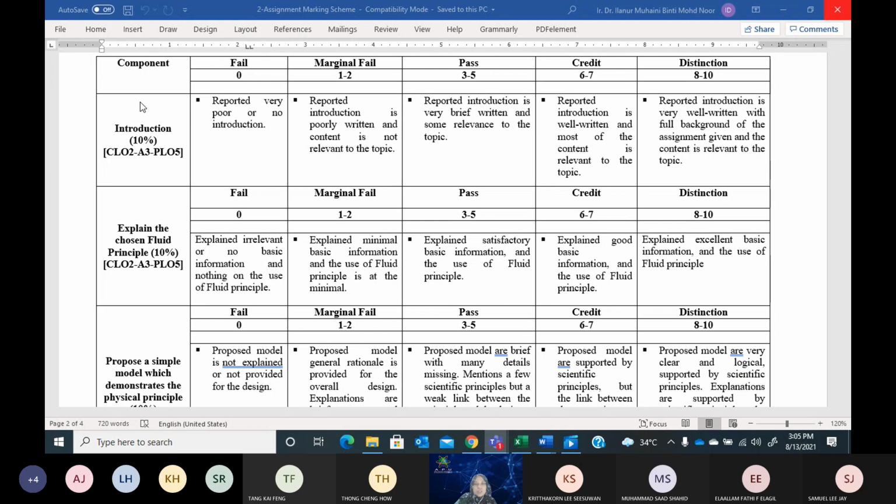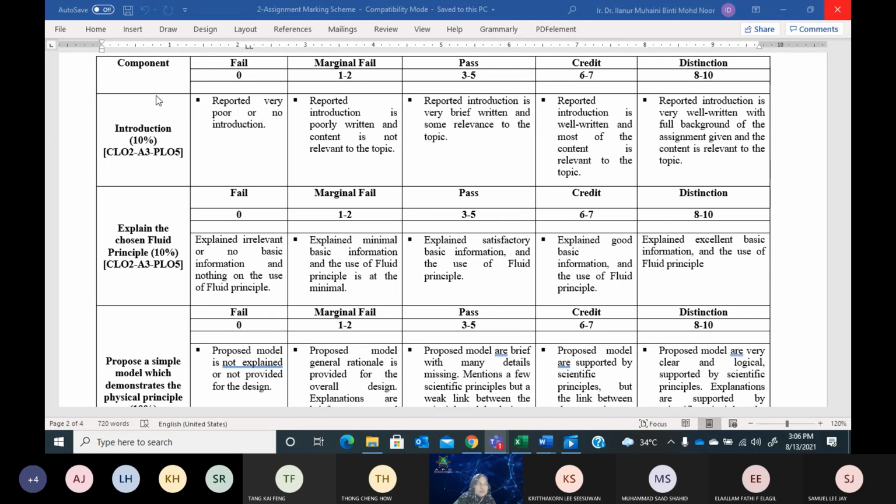Your assignment is 20%: 15% from quiz 1, 15% from quiz 2, and then 20% from assignment. So when you see 10% here, it is 10 per 100, finally multiplied by 20 because it is 20% only.